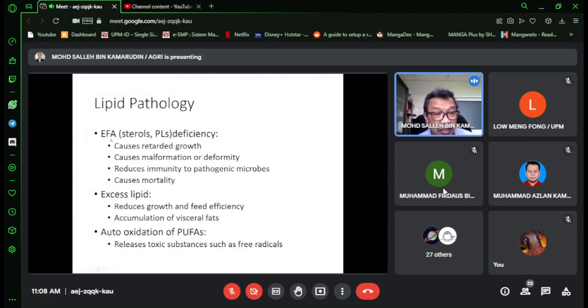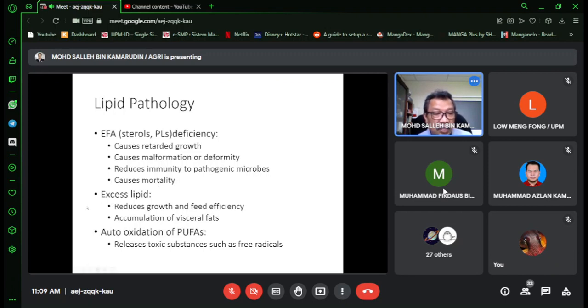This could also be essential fatty acid, but mostly because of vitamin C. It slightly reduces immunity to pathogenic microbes, including EPA and also phospholipid and cholesterol. Without phospholipid, the fish is more exposed to pathogenic bacteria. Its immunity is very low. And in the worst cases, this deficiency can cause mortality. It kills the fish.